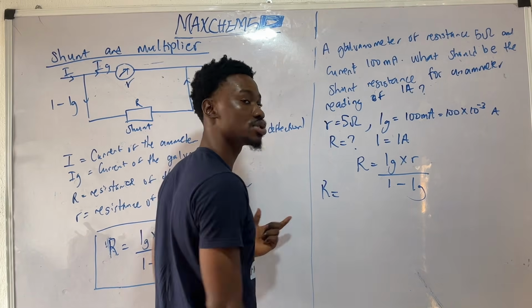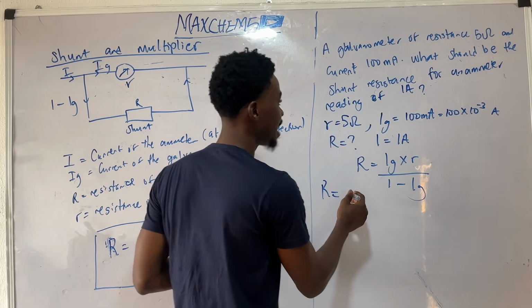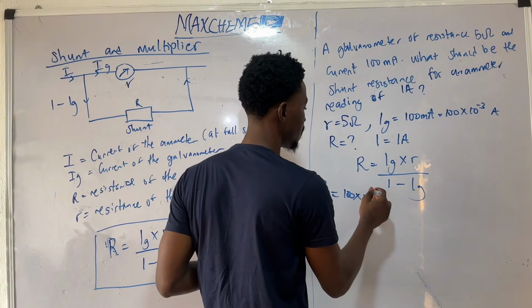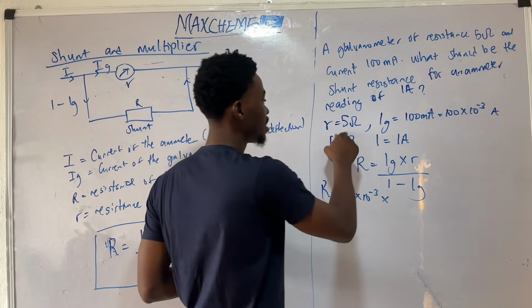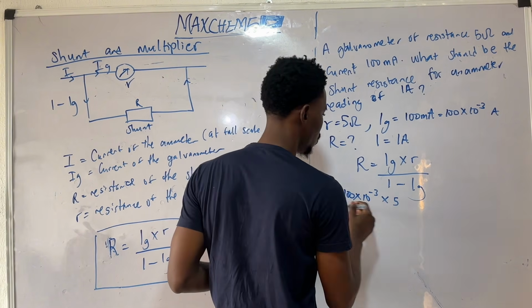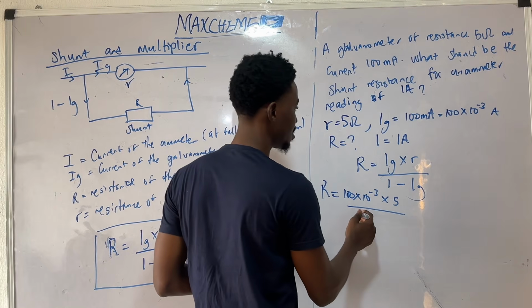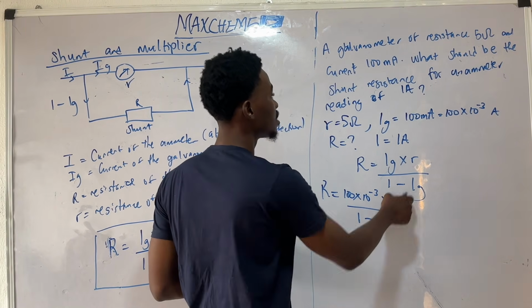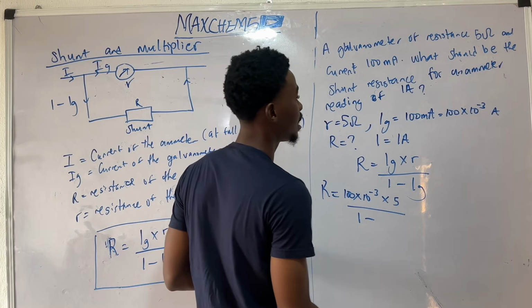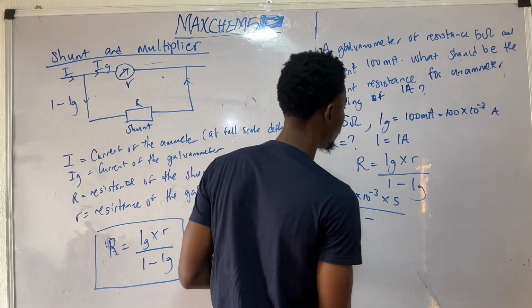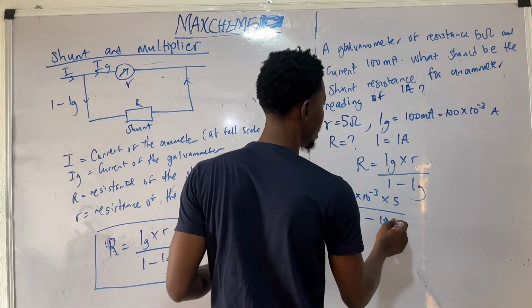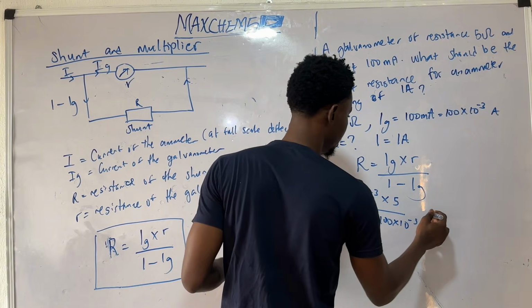So the resistance of the shunt is given as IG, which is 100 times 10 to the power minus 3, times the resistance of the galvanometer, 5 ohms, divided by I, which is 1, minus the current of the galvanometer, 100 times 10 to the power minus 3.